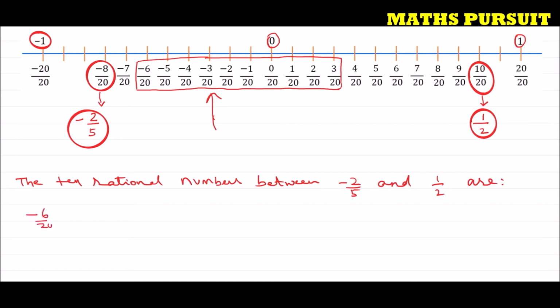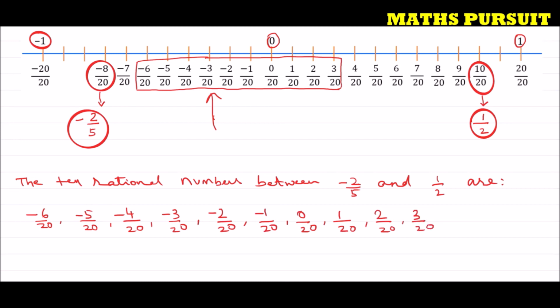Minus 6 upon 20, minus 5 upon 20, minus 4 upon 20, minus 3 upon 20, minus 2 upon 20, minus 1 upon 20, 0 upon 20, 1 upon 20, 2 upon 20, and we have 3 upon 20. So these are the 10: 1, 2, 3, 4, 5, 6, 7, 8, 9, 10. Now these are the 10 rational numbers that we found out.